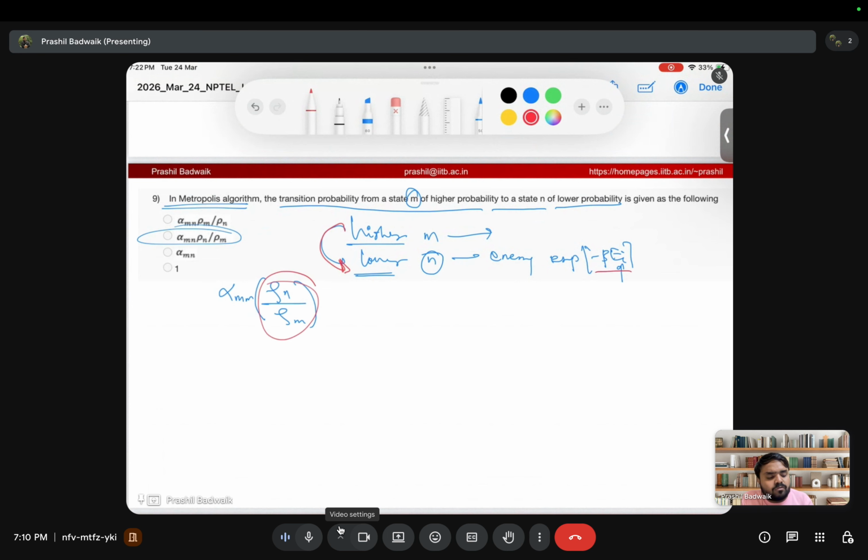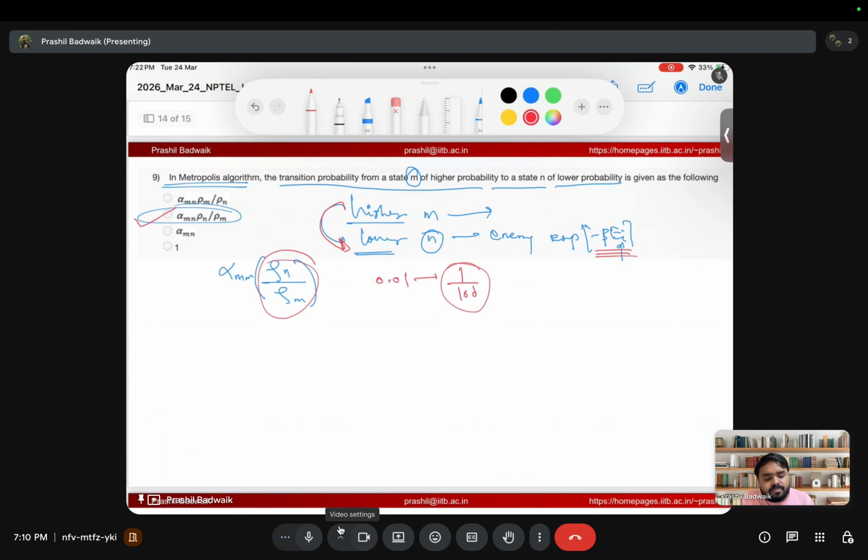If the value of E increases beyond a certain value, it becomes less and less probable, but we still sample it. For example, if the probability is 0.01, that means we sample it 1 in 100 attempts. So this is the probability. Option B is correct.